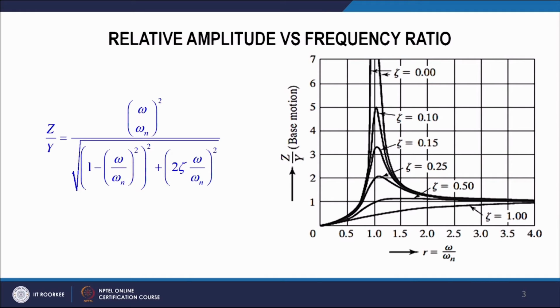Okay, so the ratio of the relative amplitude of the mass to the support excitation amplitude is tending to 1 when it is approaching larger values of this r.